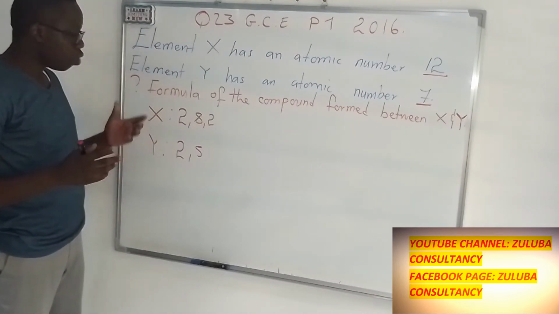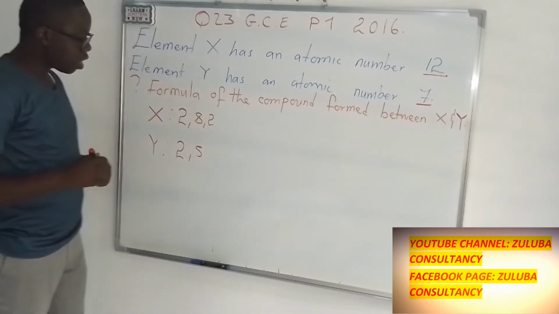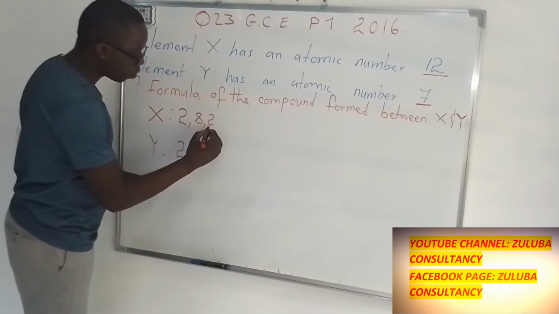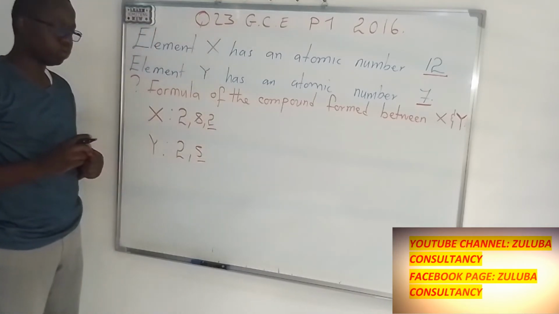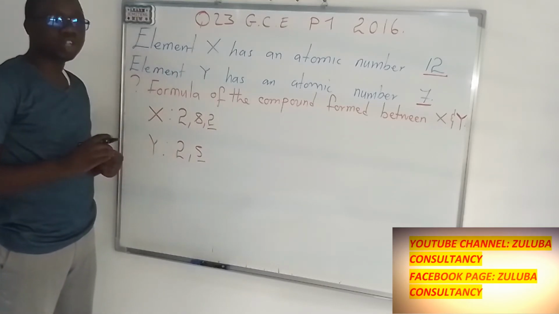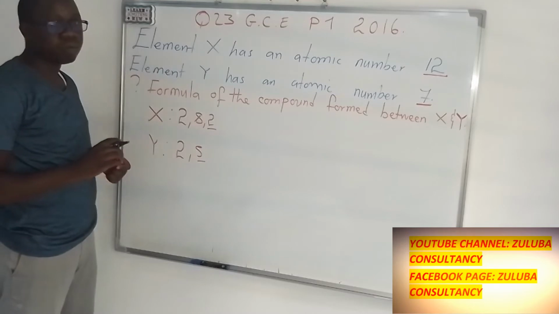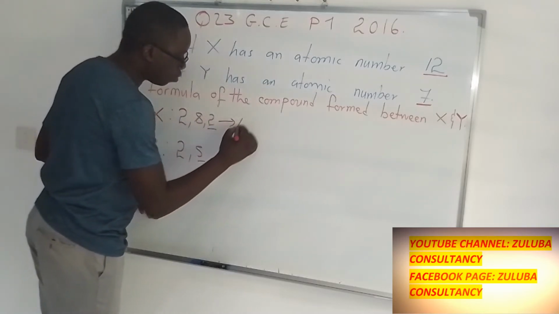So how do you know which one is a metal, which one is a non-metal? We look at the outermost shell, the electrons that are in the outermost shell. If the electrons in the outermost shell are less than 4, this simply means that element is a metal.